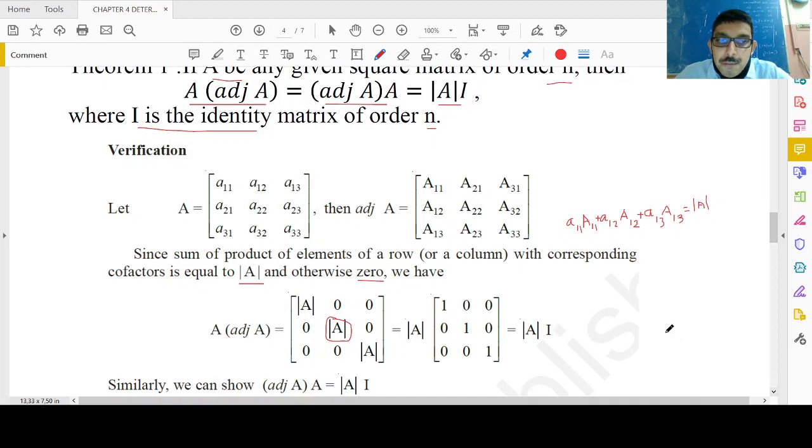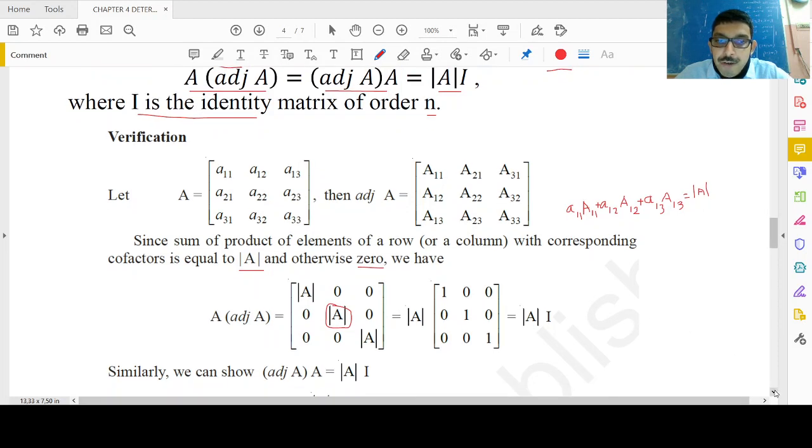Now similarly, if we do the reverse order, adjoint of A into A, in that case also you will get determinant of A into I. So the result is A into adjoint of A equals adjoint of A into A equals determinant of A into I. If you multiply a matrix with its adjoint, you will always get determinant of A into identity matrix.